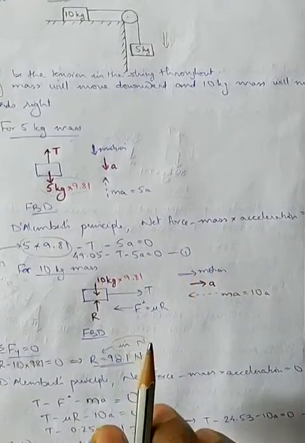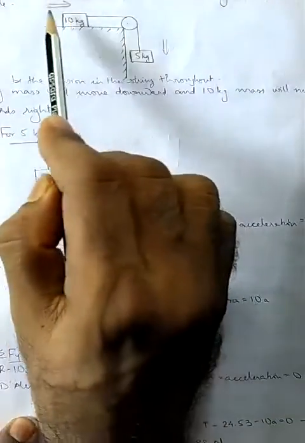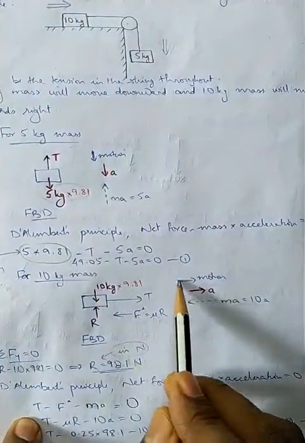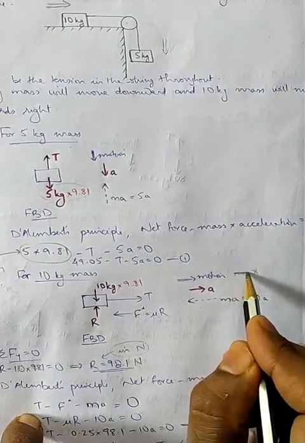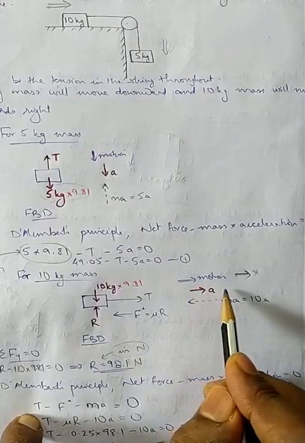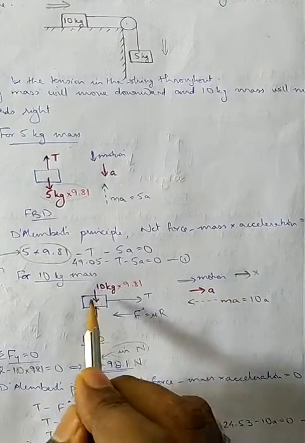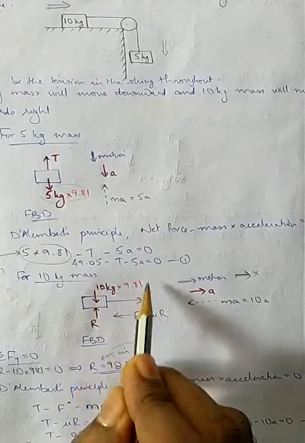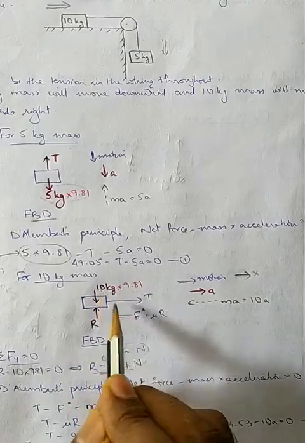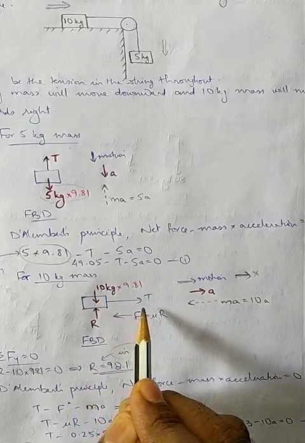Now for the 10 kg mass, the direction of motion is towards right. If this is X, it is moving in the X direction. So the acceleration will be towards right. Now the 10 kg mass is acting downwards, so convert into weight. So it is 10 into 9.81. There will be a tension in the string.